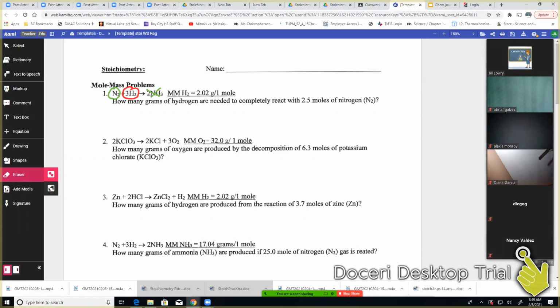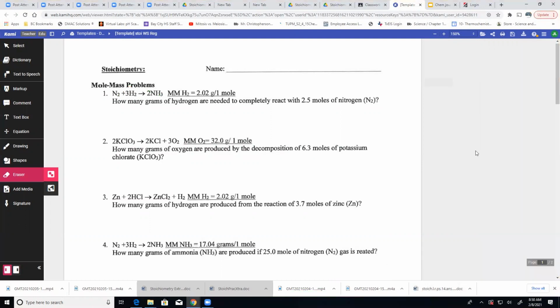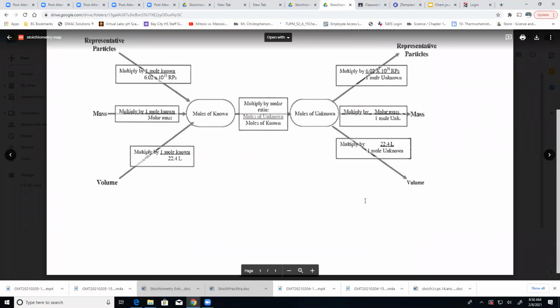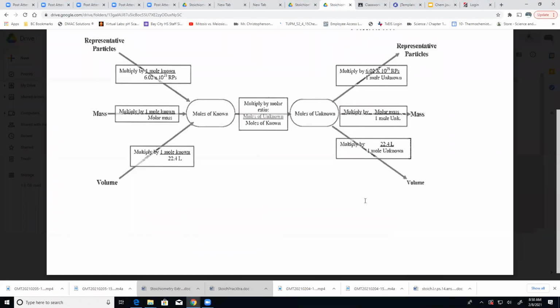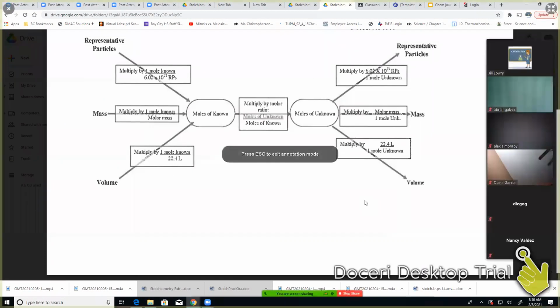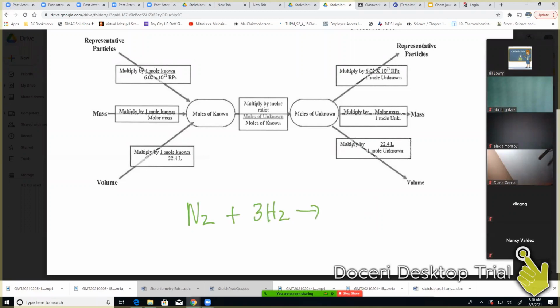All right, so if I take that problem, I'm just going to put it on my little cheat sheet one more time. It was N2 plus 3H2 yields 2NH3. But we did not need that.